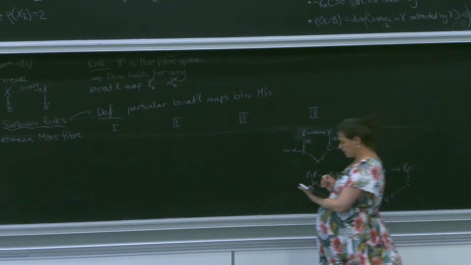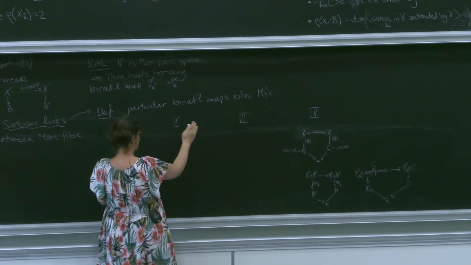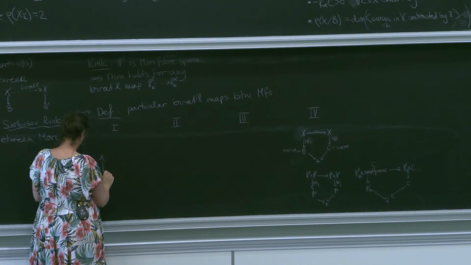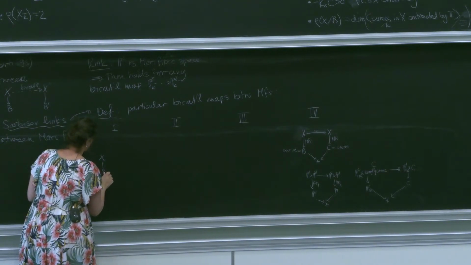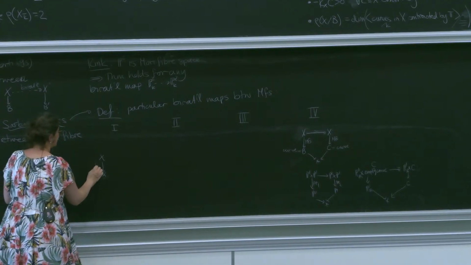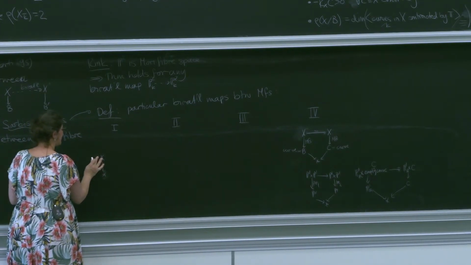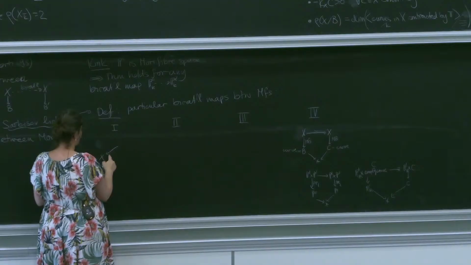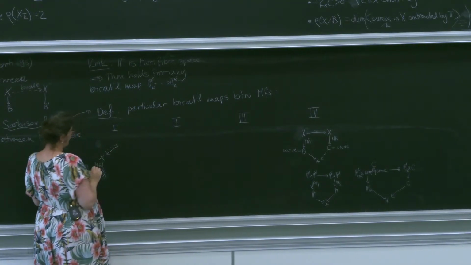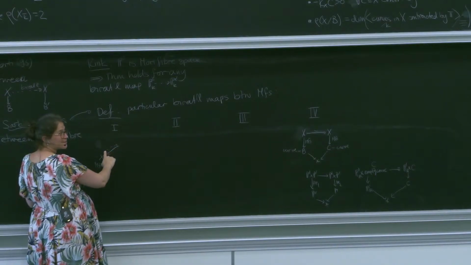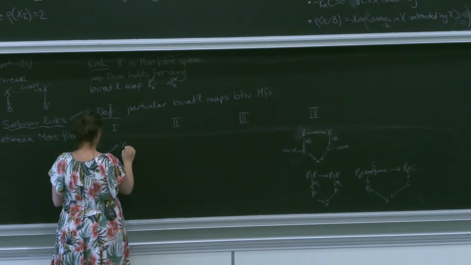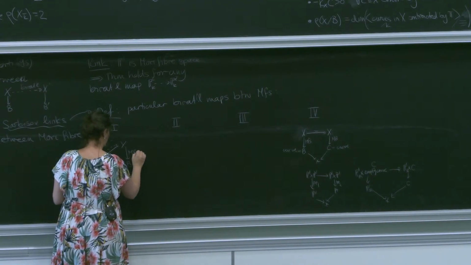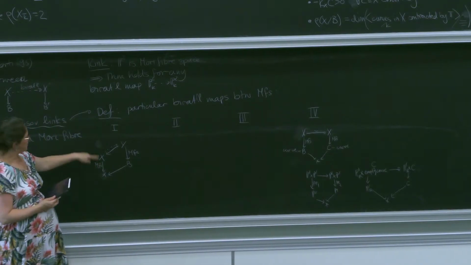Okay. Then the link of type 1. What I do is I have a Mori fiber space over a point. This is a del Pezzo surface. And then I blow up. I have a birational map whose inverse is a birational morphism to another Mori fiber space, and a diagram that commutes this way.